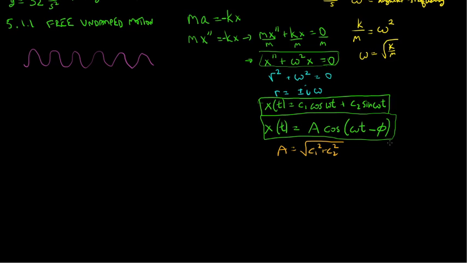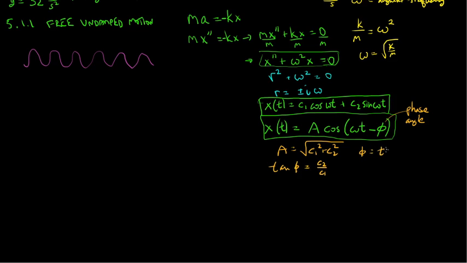Right? And then this angle phi, we call this the phase angle. Right? So it's like a phase shift. And phi is really just the arctangent of C2 over C1. Well, maybe I'll write it as the tangent of phi is C2 divided by C1.